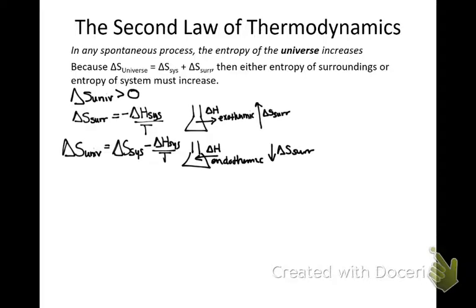So we're going to multiply this whole thing by negative T. So negative T times delta S of the system.